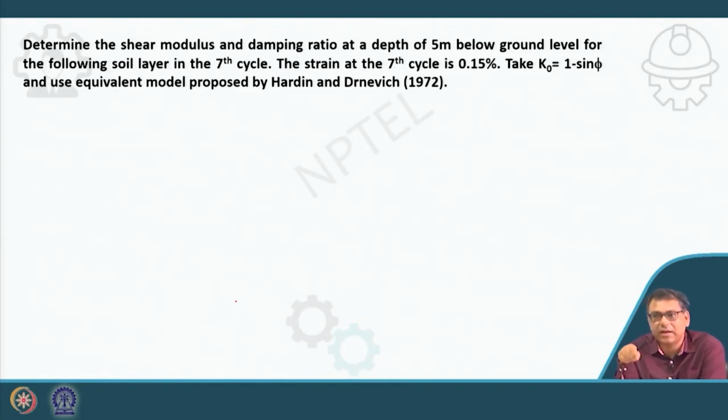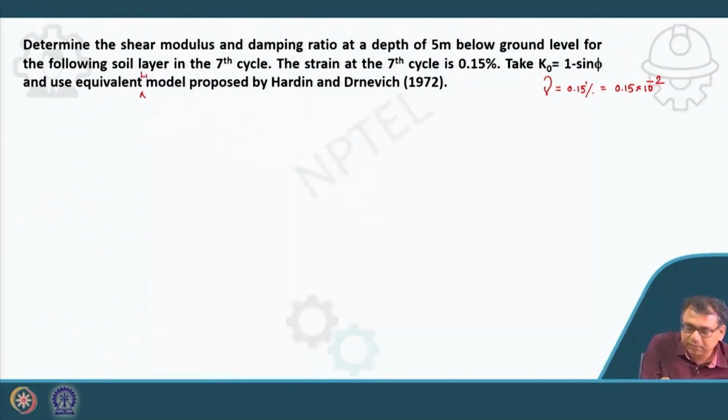The strain level at our 7th cycle is 0.15%, or 0.15 into 10 to the power minus 2. That is the strain level given. And K0 is 1 minus sin phi. Use the equivalent linear model proposed by Hardin and Drnevich 1972.